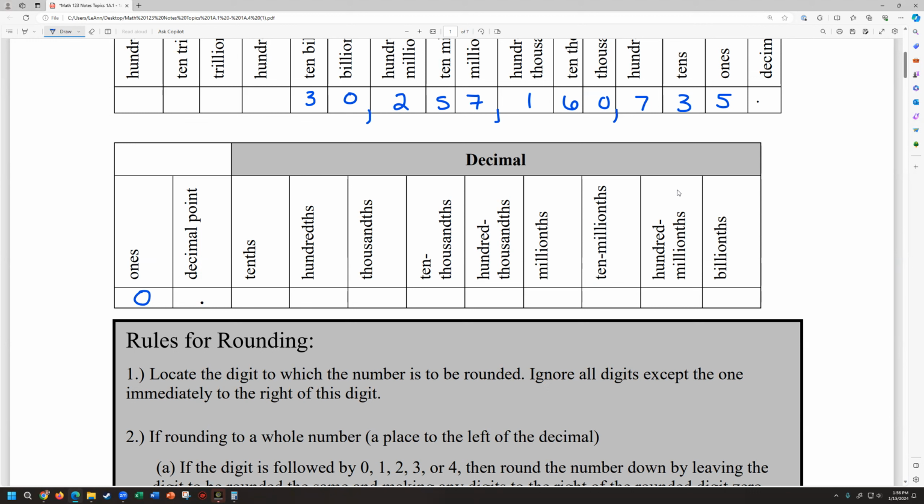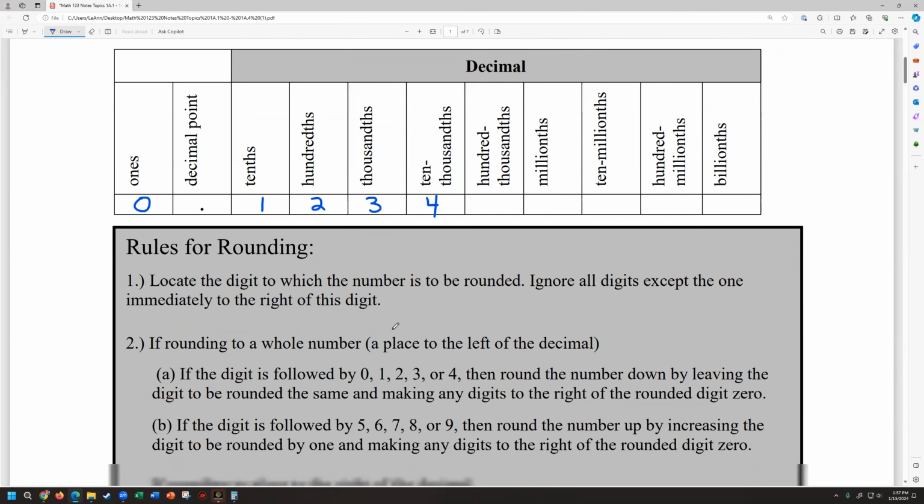That's as far as we would go in this scenario. So say we have 1, 2, 3, 4 here, just making up numbers. This would be 1,234 ten-thousandths. That's how we would read that.